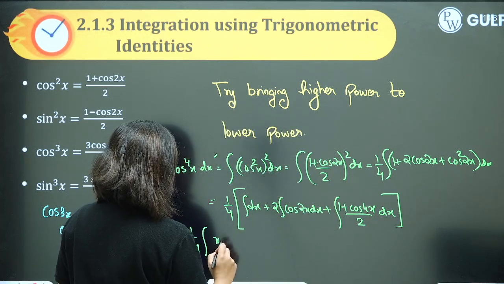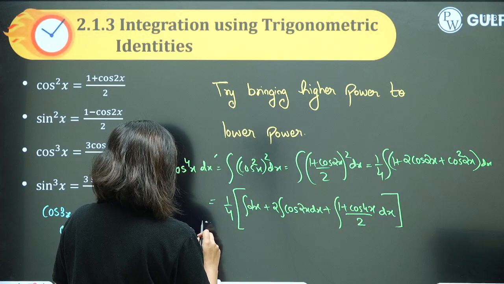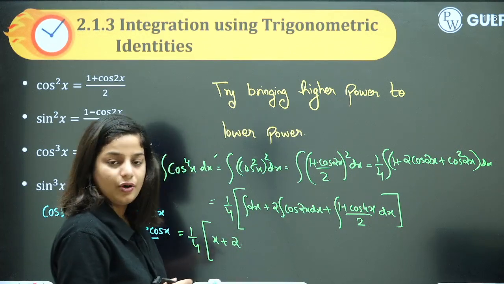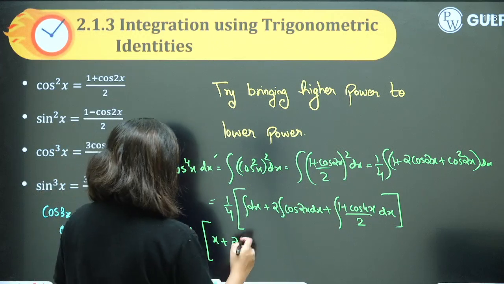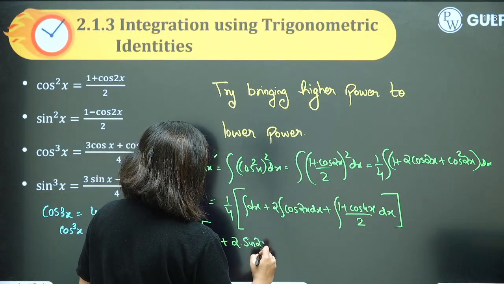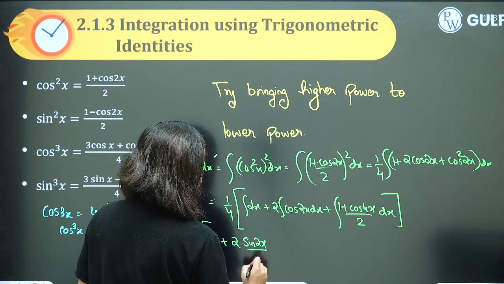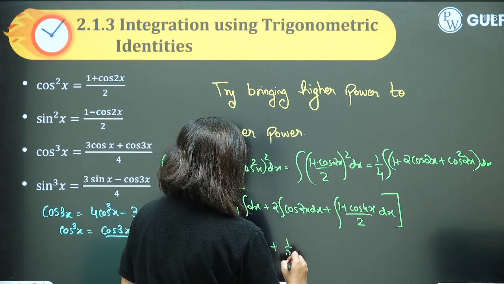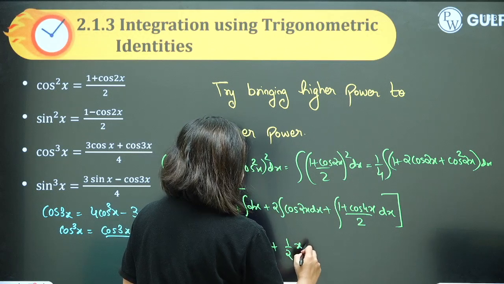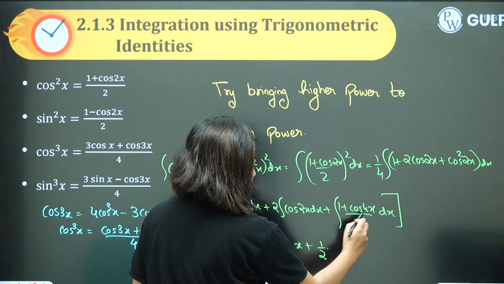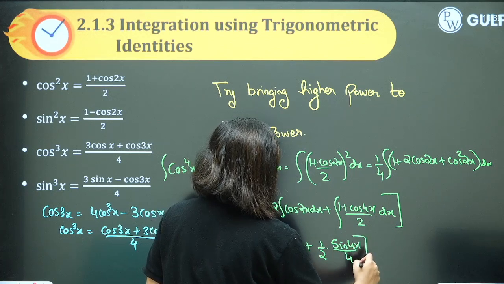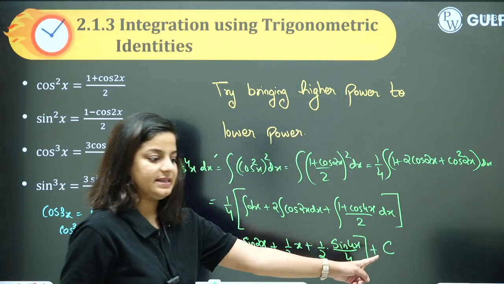Integration of dx is x. 2 times the integration of cos 2x is sin 2x divided by the coefficient of x, which is 2. Separate out 1/2, and integration of dx is x, plus 1/2 times the integration of cos 4x, which is sin 4x, but divide by the coefficient of x. Do not forget to put plus c in the end.